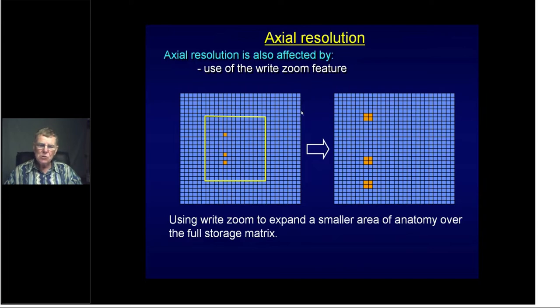So if this was 20 centimeters down here with your original field of view, and you only wanted 10 centimeters of field of view within here, suddenly that entire image memory matrix is 10 centimeters. So you can imagine the amount of anatomy shown in here is much smaller. So effectively, you've improved your pixel resolution by using your write zoom feature.